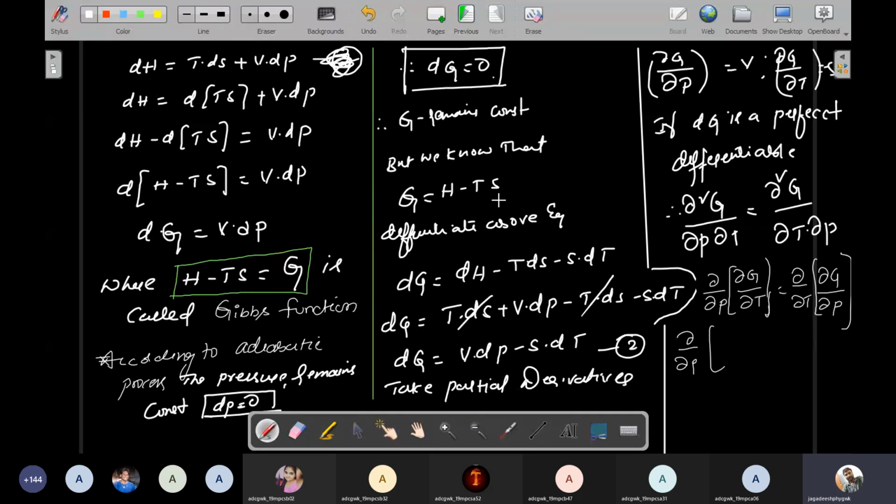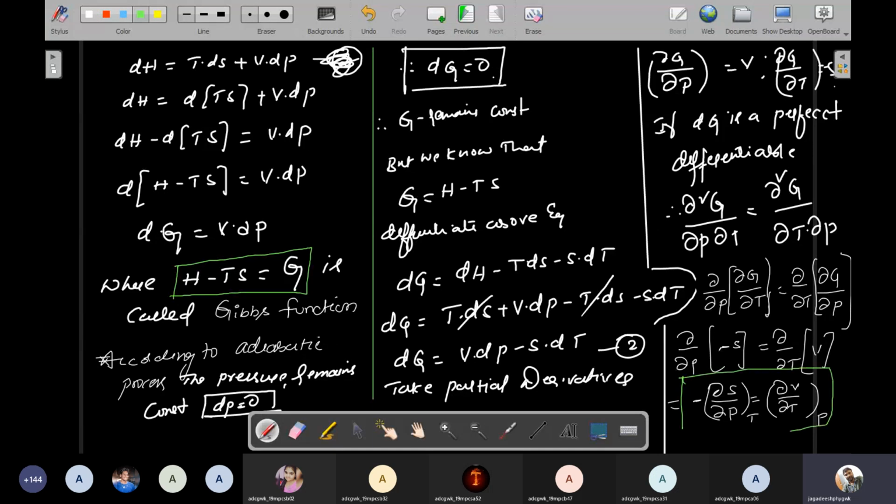Okay, what is dou G by dou T? From this equation, dou G by dou T is equal to minus S. So minus dou S by dou P is equal to dou by dou T of dou G by dou P, which from this equation is V. So finally you will get minus dou S by dou P is equal to dou V by dou T. So this is your final equation at constant temperature and constant pressure.